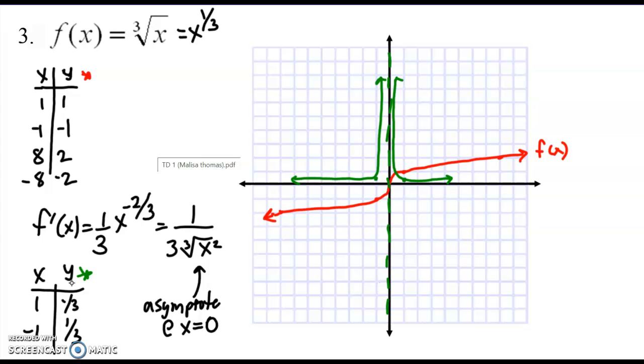I set up a little table of values, just tried 1 and -1, and you can see those green points. This is a rational function, and rational functions have graphs like that. You'll see also the derivative is always positive, which we can see with the original, the red one, f of x, that it's always increasing. So the derivative should always be positive, or above the x-axis.